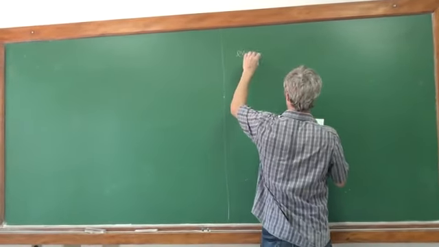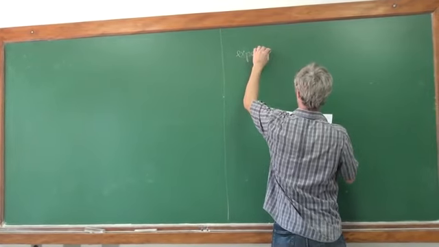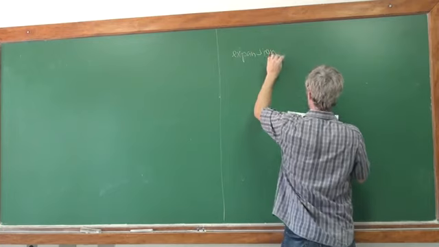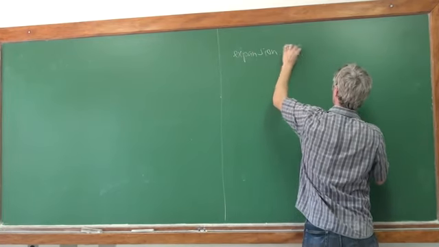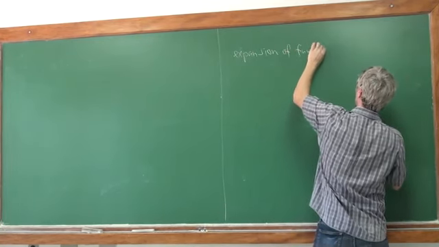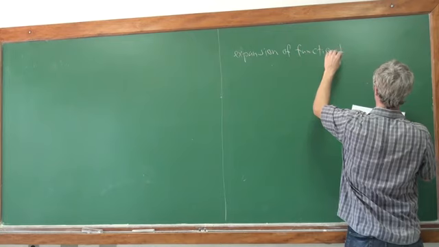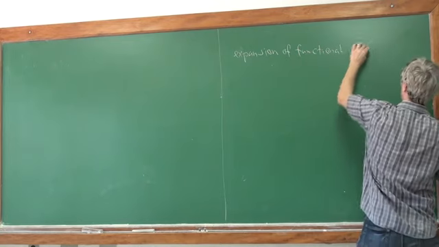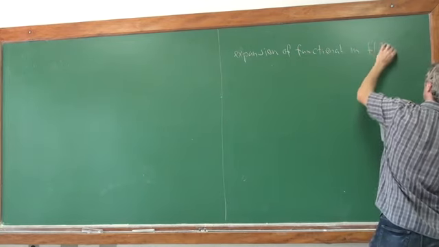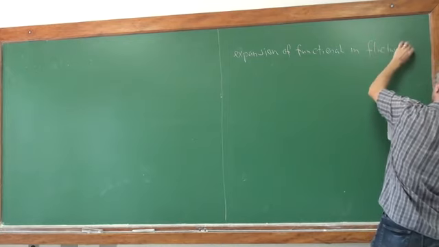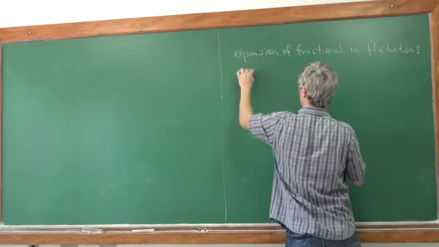So that's then the last step, the fifth step, the program: expansion of functional integrals in fluctuations around the mean field.